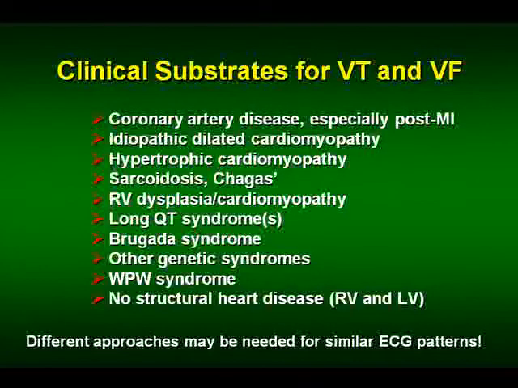But remember dilated cardiomyopathies, hypertrophic cardiomyopathies, infiltrative diseases like sarcoidosis and Chagas disease, RV dysplasia or a specialized right ventricular cardiomyopathy, repolarization abnormalities like long QT syndrome or Brugada syndrome, a whole bunch of other genetic syndromes that predispose you to arrhythmias, Wolff-Parkinson-White syndrome, and then some people where we say it's idiopathic because we don't know where they are, and the rhythms can come from either the right ventricle or the left ventricle.